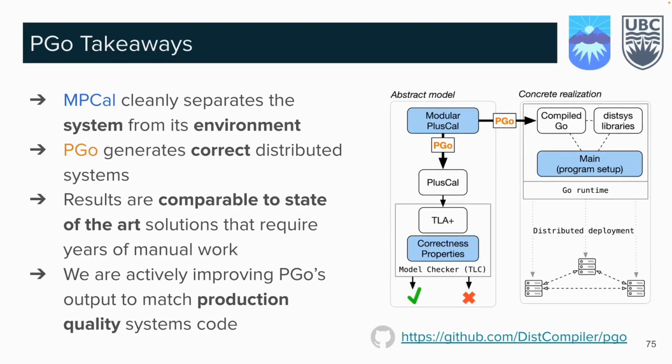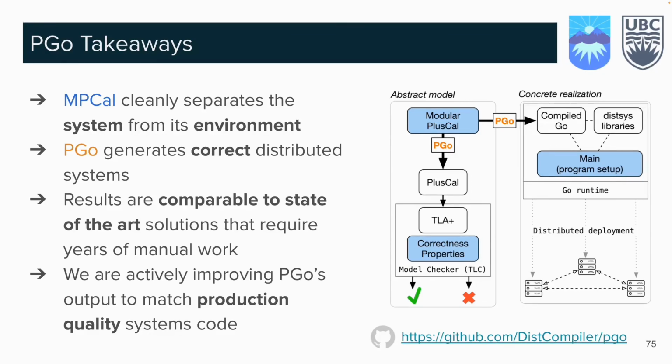To summarize everything we've been talking about so far, we've presented MPCal, which is a modeling language that cleanly separates the system you're trying to build from models of its environment. This design decision allows us to make Pico, which generates correct distributed systems, we hope, from these models that have been model checked.